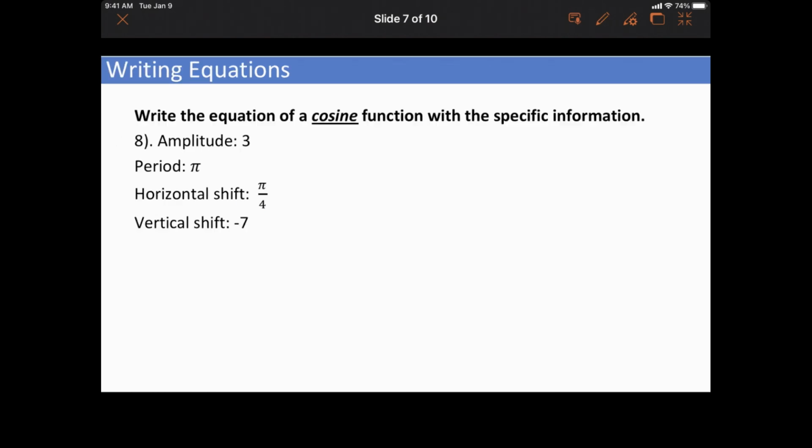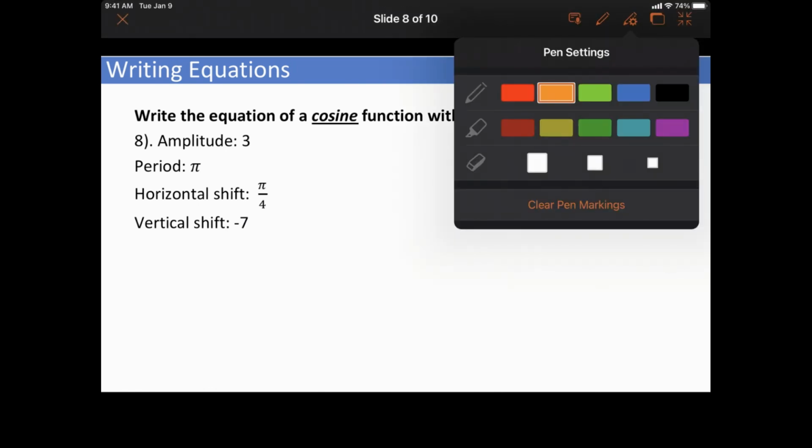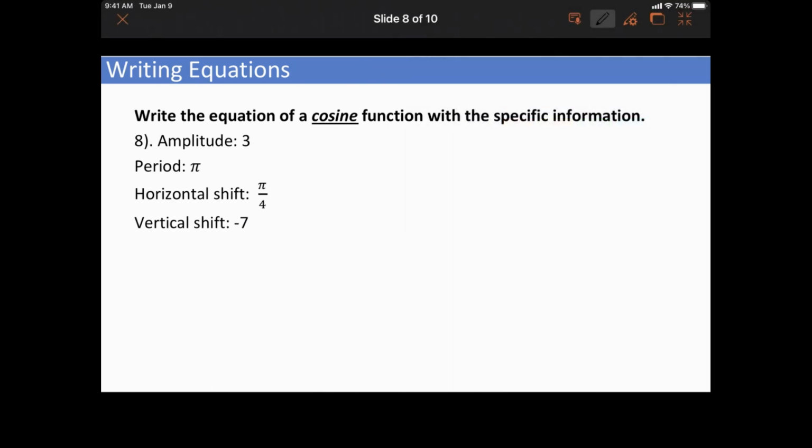Yay. All right, let's write an equation. So this has the period shift and the horizontal shift. I'm going to write in factored form and then multiply it out. Okay, so we know it's a cosine. We know the period is pi. We have a horizontal shift and we have a vertical shift.